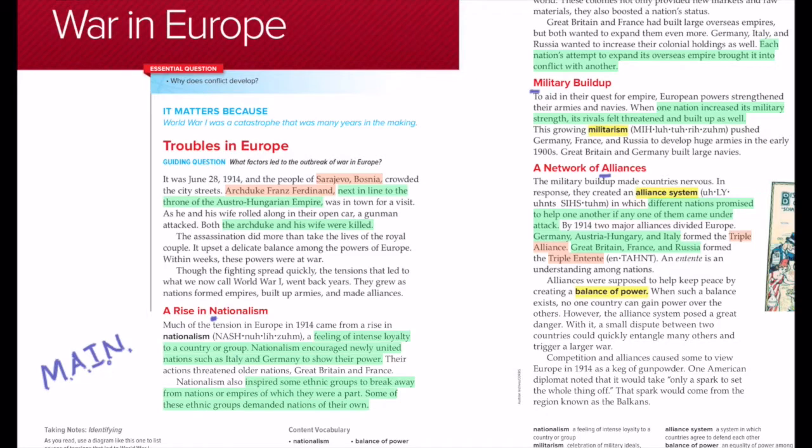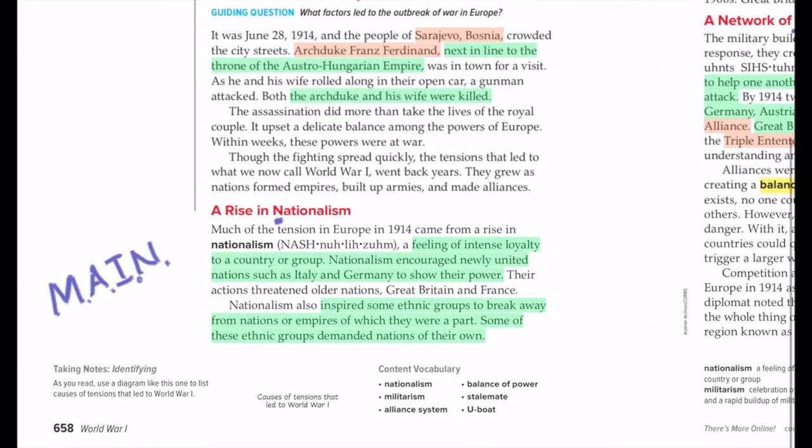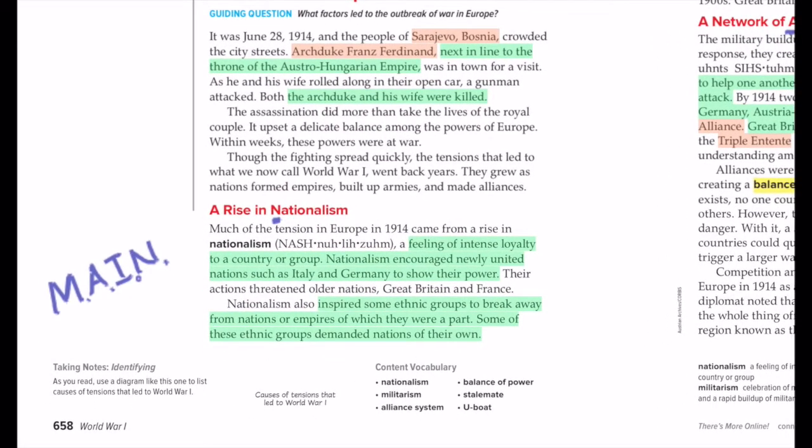So the 4 things are, one of them is nationalism, which is what I was just referring to. Nationalism is the idea of really having strong feelings of loyalty and trying to show it off to everyone else. So many countries were doing that, trying to flex their power. And the other thing is there were ethnic groups who are also trying to fight for their rights and saying that they should have their own country.